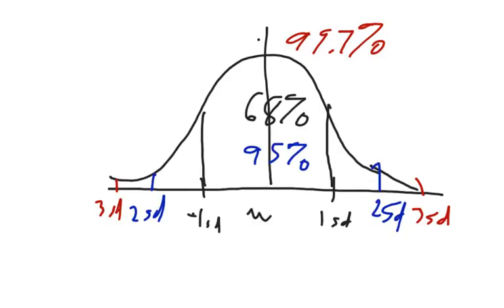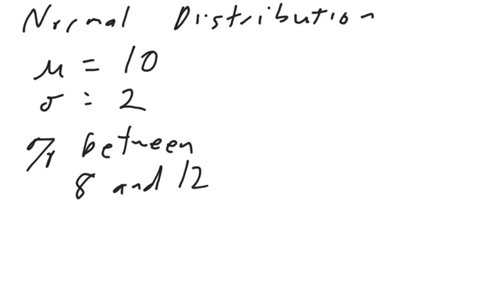Now this is different from Chebyshev's rule because Chebyshev said any distribution. But if our distribution is normal, then these are the percentages that are within 1 standard deviation, 2 standard deviations, or 3 standard deviations. It's called the empirical rule.